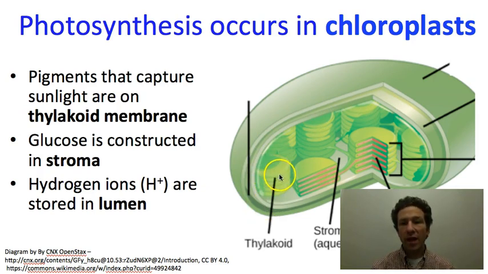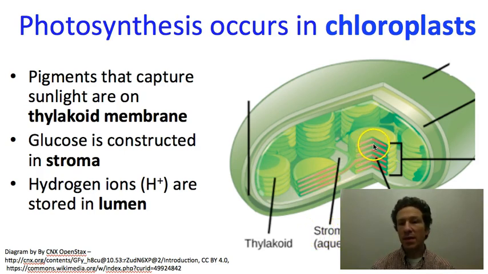First, there are flat circular discs of membrane, and each one of these discs is called a thylakoid, or you'll see them referred to as the thylakoid membrane. There is a kind of gel-like liquid outside of the thylakoid membrane stacks, and that gel-like liquid is called the stroma.